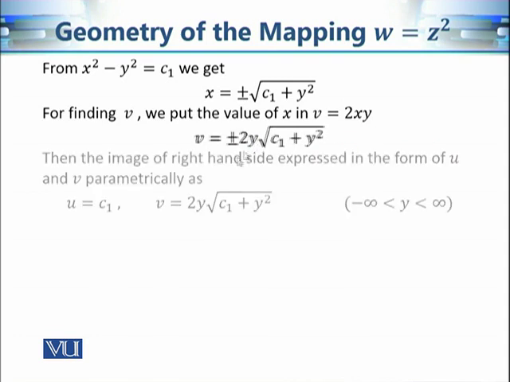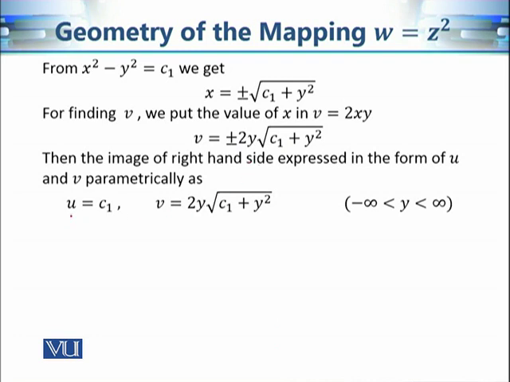Now if we consider the value of x to be positive, then we will get the following curve, which we will later see is in fact a straight vertical line. Here u = c1 and v = 2y√(c1 + y²).